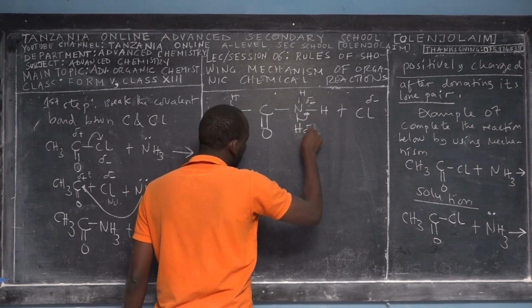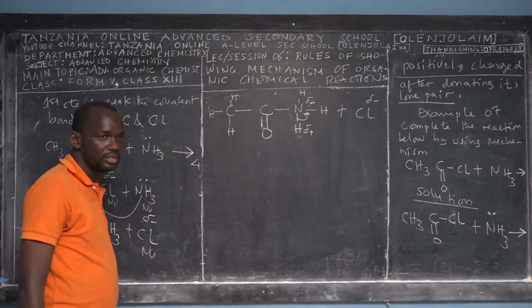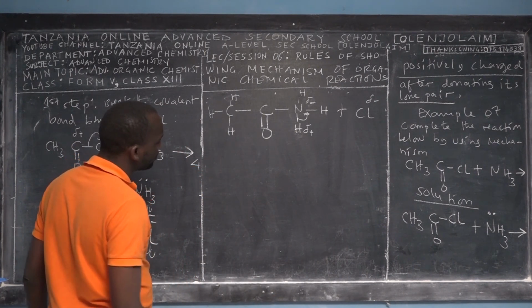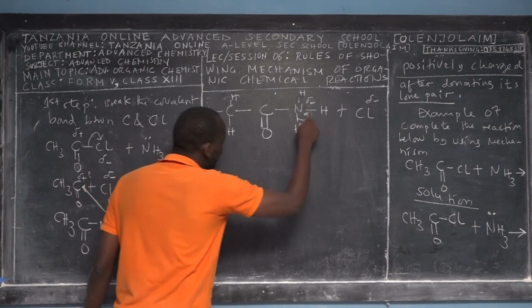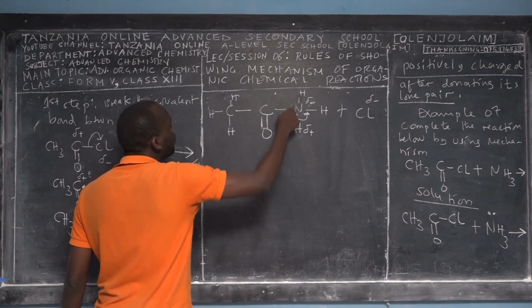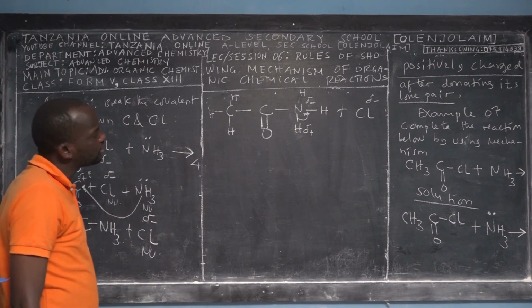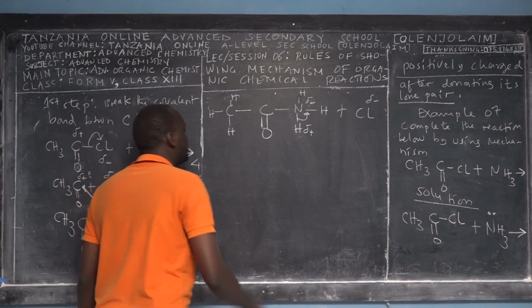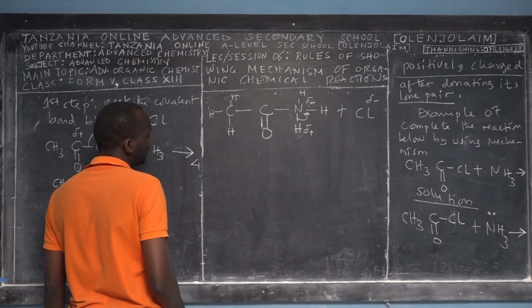But this partial negative won't have any contribution because nitrogen has already formed these three bonds, whereas its lone pair remains. This partial negative indicates that one covalent bond of nitrogen has been broken, so the nitrogen withdraws both bonding electrons.